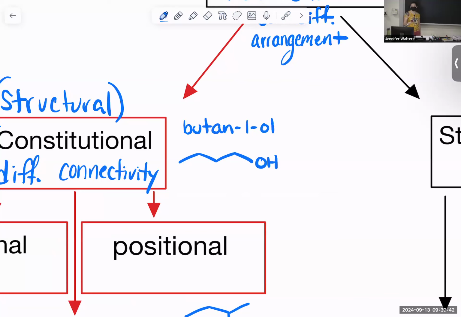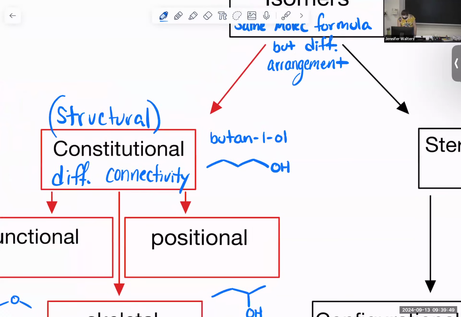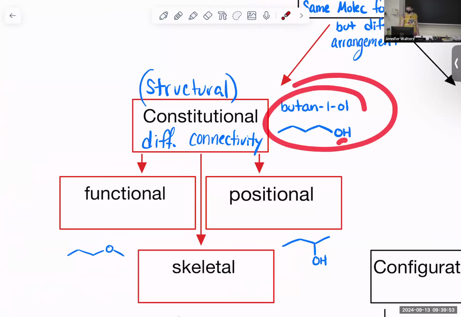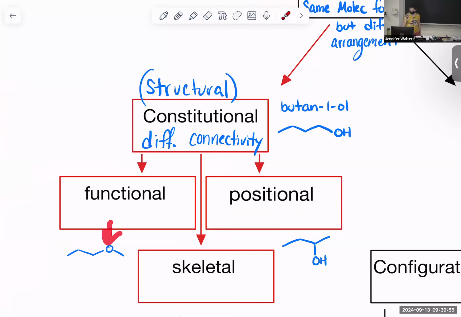We gotta say where the alcohol is located. So it's 1-butanol or butan-1-ol. If I go from having the oxygen on the end to oxygen in the middle, that is a functional isomer because I'm changing my functional group. What functional group is this? Yeah, the ether.